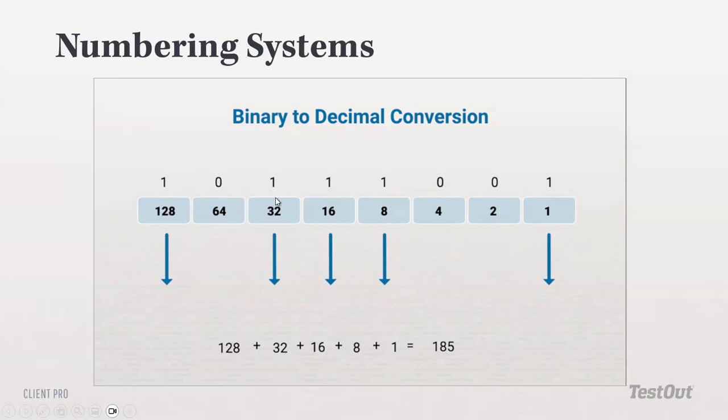We do add 32 because there's a 1. We do add 16 because there's a 1. We do add 8 because there's a 1. We don't add 4 because there's a 0. We don't add 2. And we add 1 more. So 128 plus 32 plus 16 plus 8 plus 1. And that means that 185 decimal is the equivalent of 1011 1001 binary.